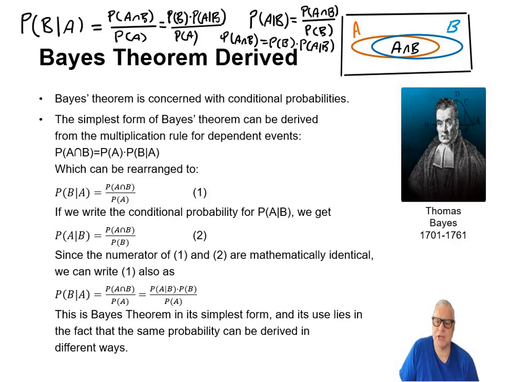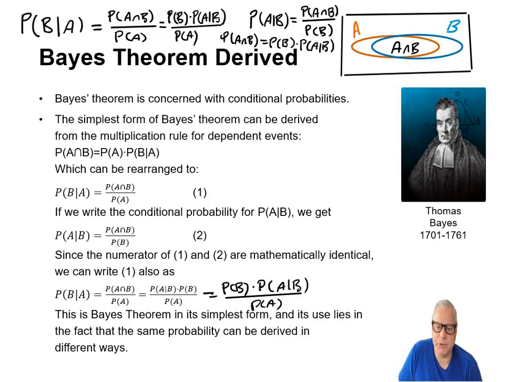Same intersection over the probability of B. But then we rearranged the probability of A given B and isolated the probability of A and B, in which case we got the probability of B times the probability of A given B. Doesn't matter how you write it. It's the same, over the probability of A.